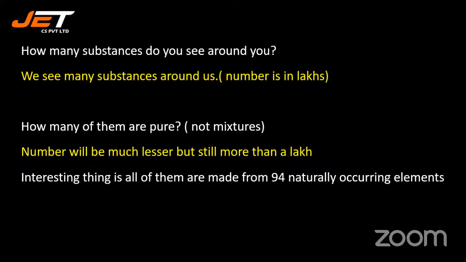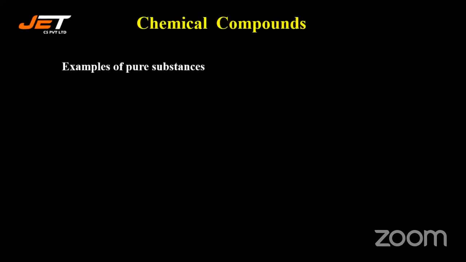The interesting and very important thing is that all of them are made from 94 naturally occurring elements. Even wood has some elements in it. Many different elements together form a mixture and ultimately the substance.